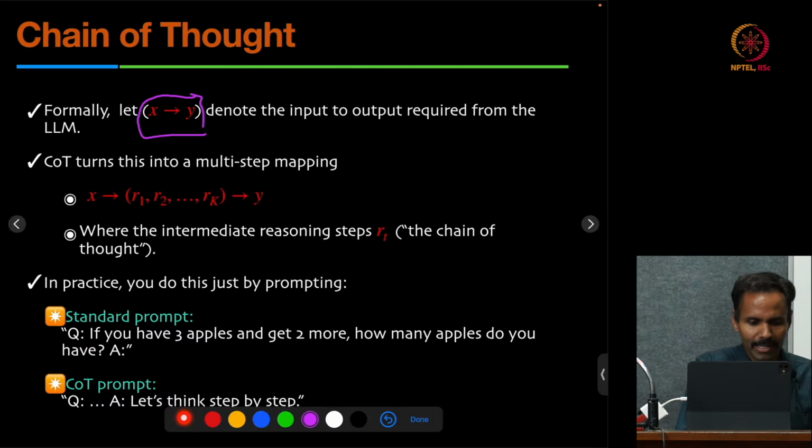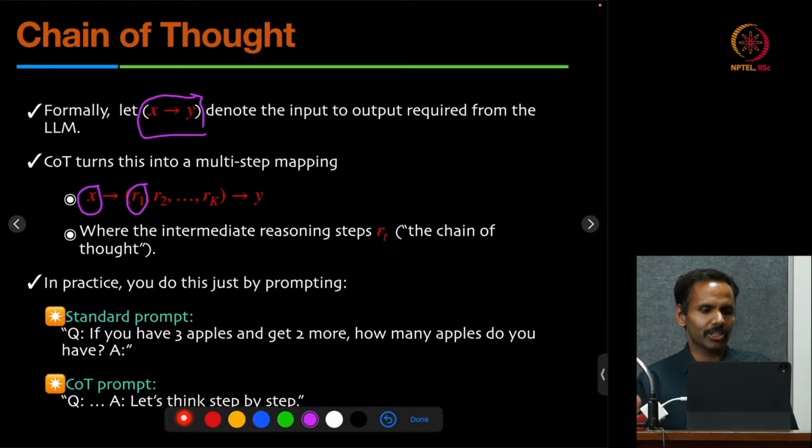So you have your input x, and at every step of the model's generation, you have one of these intermediate reasoning steps. You call it, say, Ri or Rt, and this sequence, you actually do not force it to any number of steps. You let that also evolve. You just force the model to provide sufficient reasoning responses.